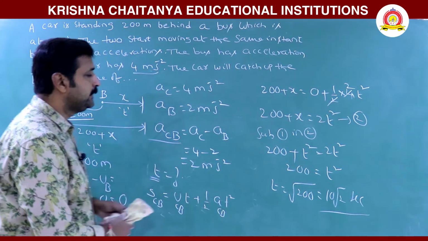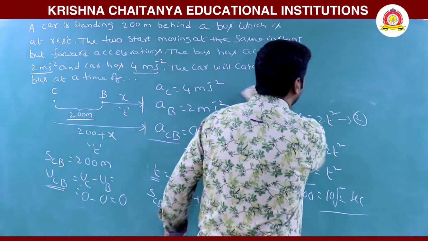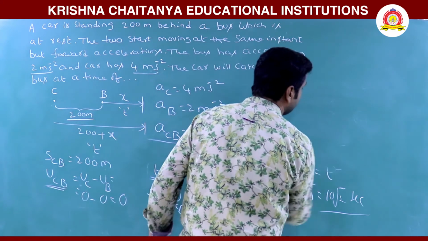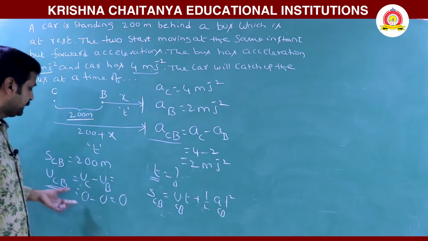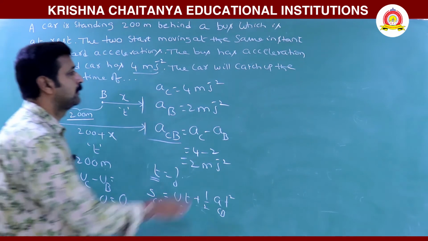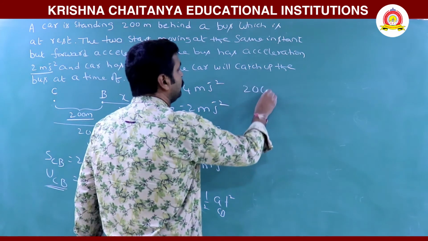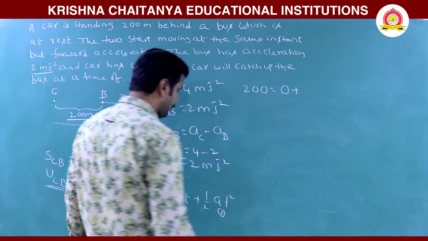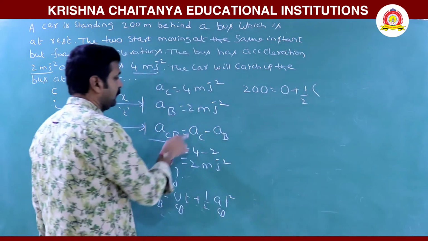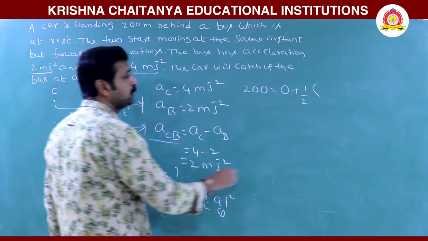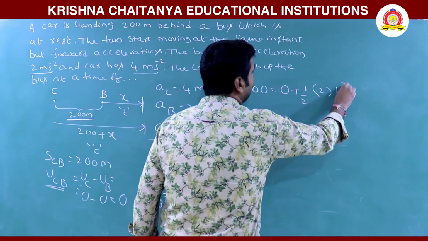Then using this data, substituting in S is equal to ut plus half at squared directly, SCB is 200, and UCB into t is 0, plus half ACB, which is AC minus AB, is 2, into t squared.